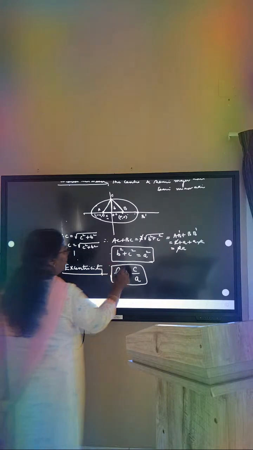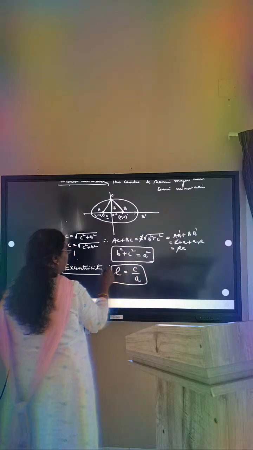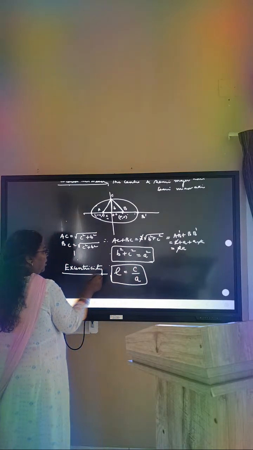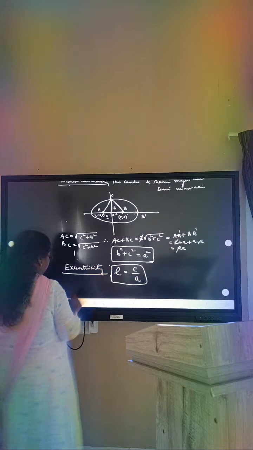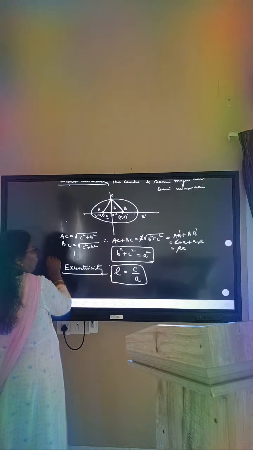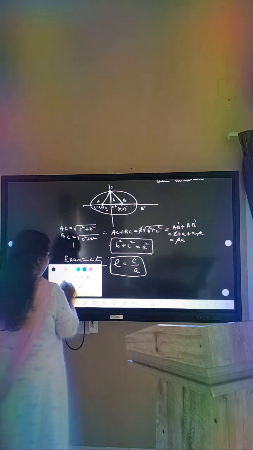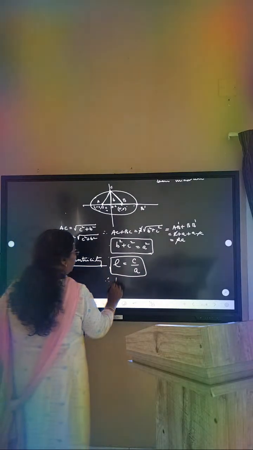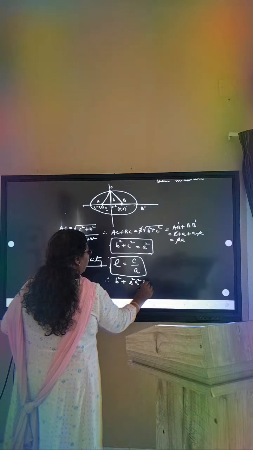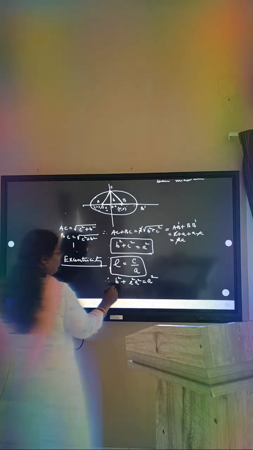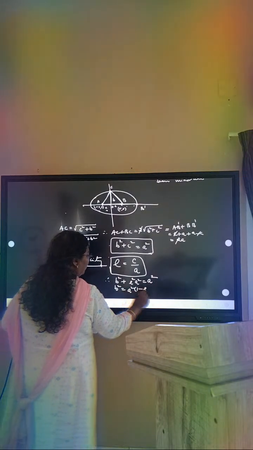Okay, right. Now, substituting for C, your C square is equal to A square E square. So the relation becomes B square plus E square A square is equal to A square, or B square is equal to A square into 1 minus E square.